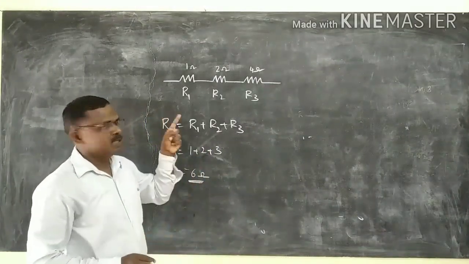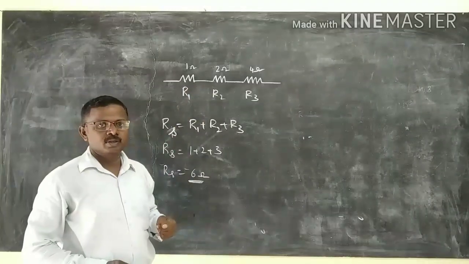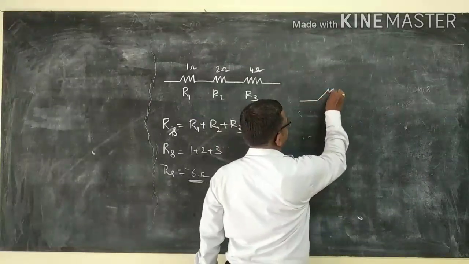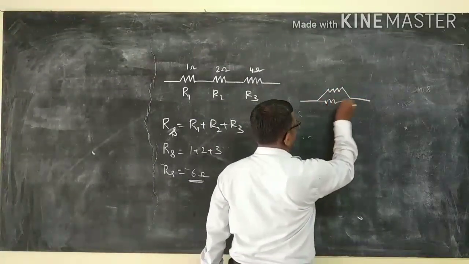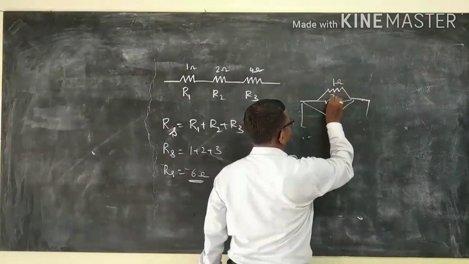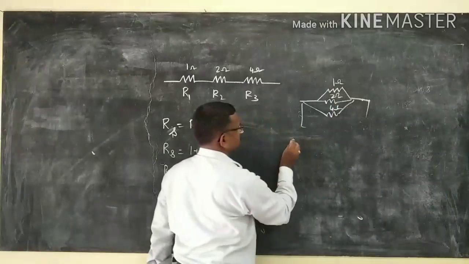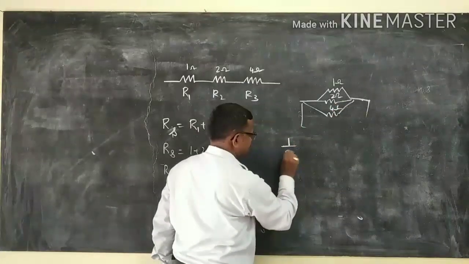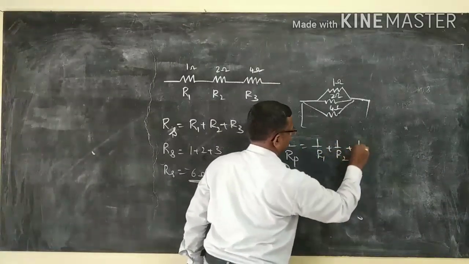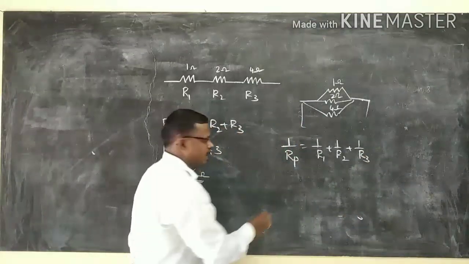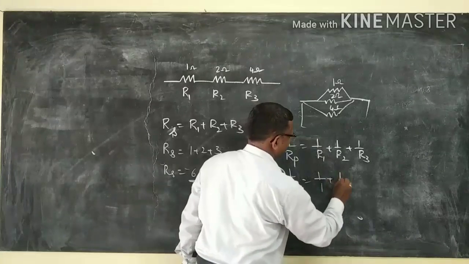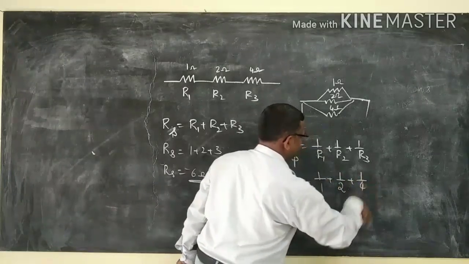Suppose the same 1 ohm, 2 ohm, 4 ohm I connect in parallel and calculate the net resistance. Okay, yes, this is 1 ohm, 2 ohm, 4 ohm. That means 1 by Rp is equal to 1 by R1 plus 1 by R2 plus 1 by R3, correct? 1 by Rp is equal to 1 by 1 plus 1 by 2 plus 1 by 4.